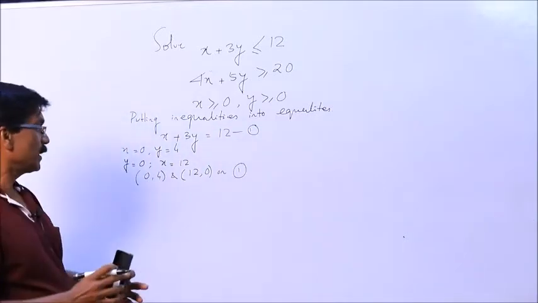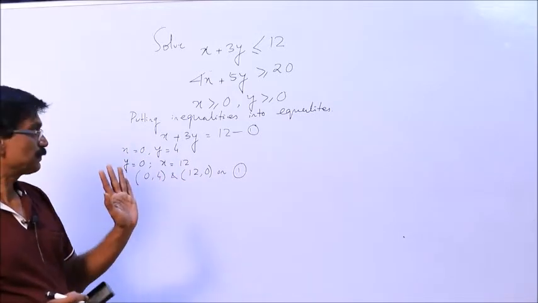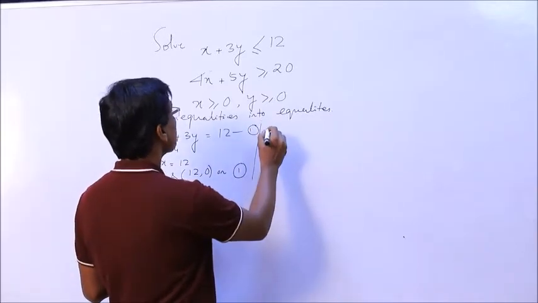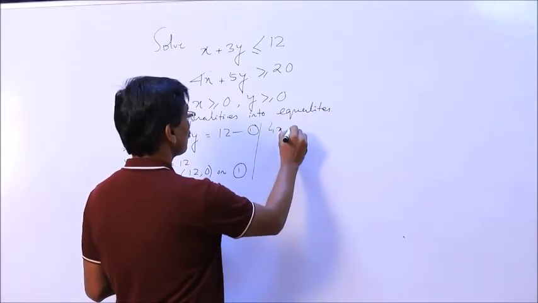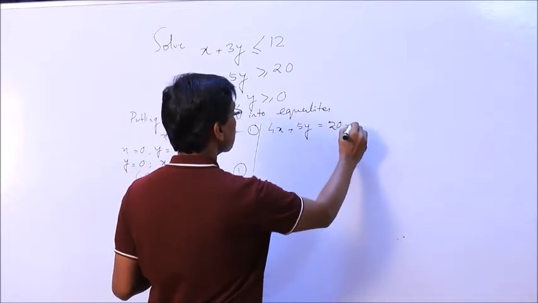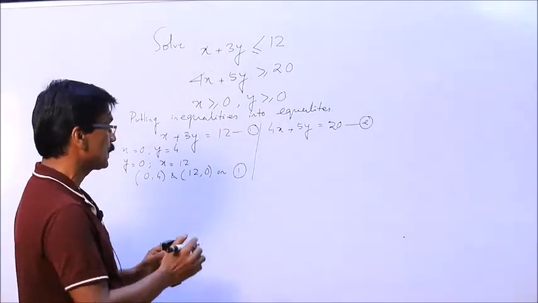So, to draw a line we need at least 2 points. Now, the second equation is 4x plus 5y is equal to 20. This is equation 2.